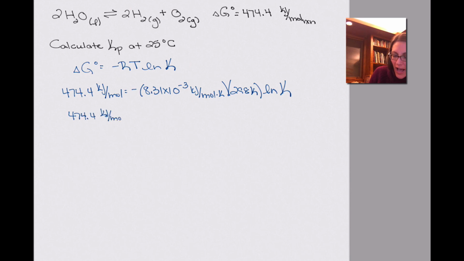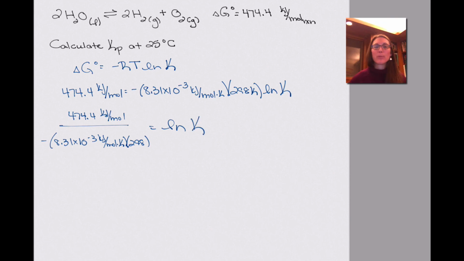Once you have that value, if you need to solve for something what you've taken the natural log of, then you need to take both sides and raise it e to that power. So I'll take both sides of this equation, e to that power.